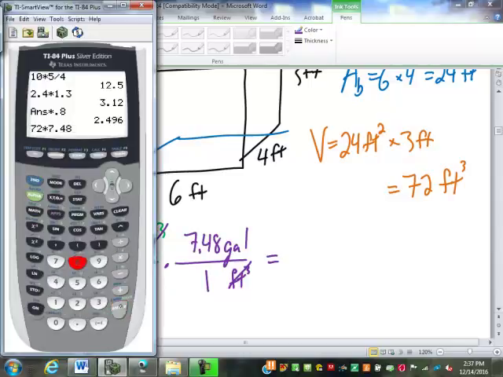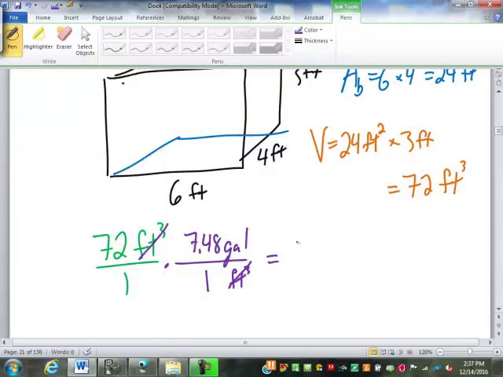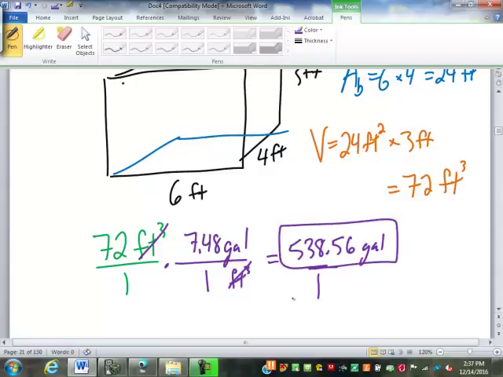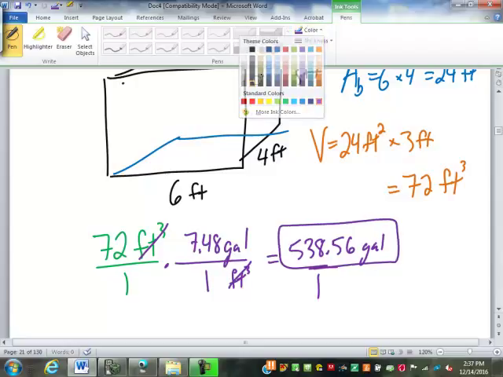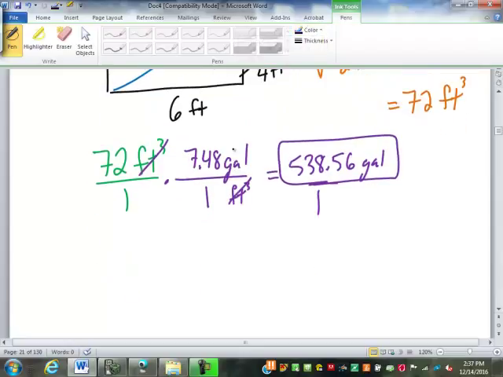So 72 times 7.48 is 538.56 gallons. The cubic feet canceled out, and that's over 1, so that's just 538.56 gallons.